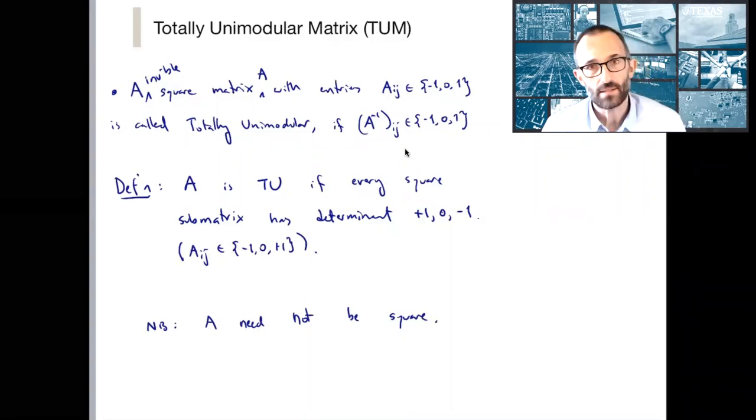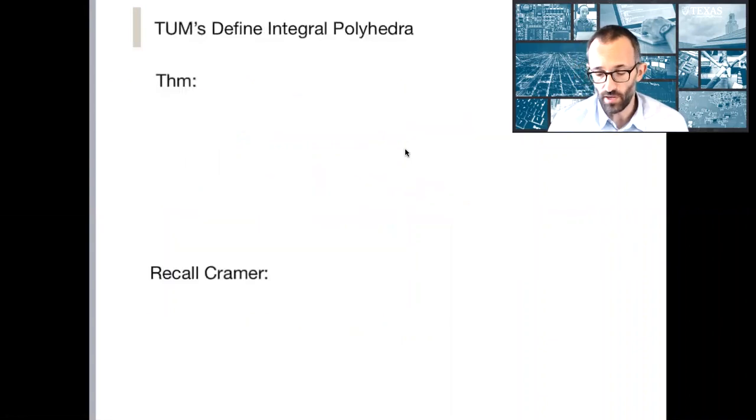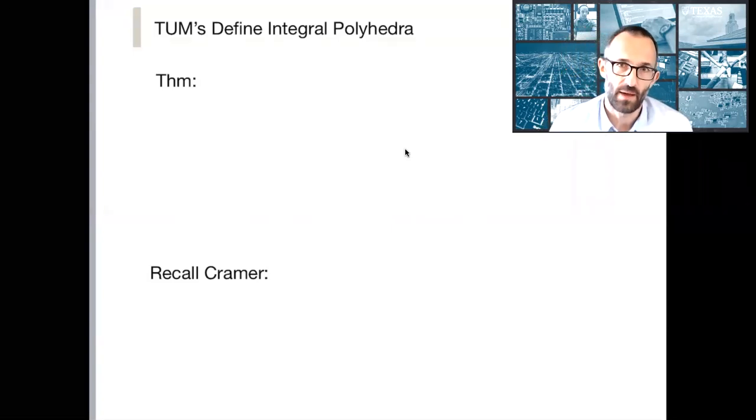Okay, so now let's see what this does for us. Perhaps the foundational result is that if A is totally unimodular and b is an integral vector, then the polytope defined by A and b has integral extreme points.